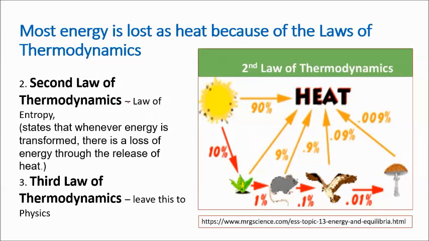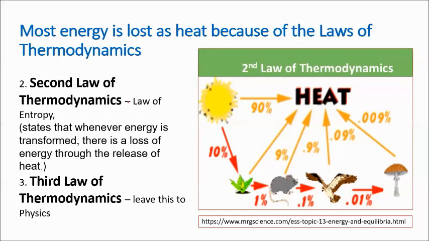This states that whenever energy is transformed, there is a loss of energy through the release of heat. The entropy of an object is a measure of the amount of energy which is unavailable to do work. The second law explains the inefficiency and decrease in availability of energy along a food chain and energy generation system.